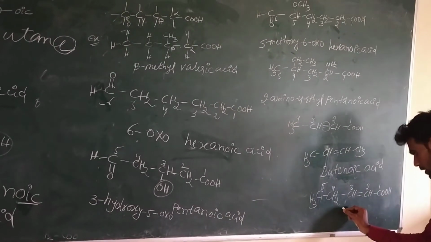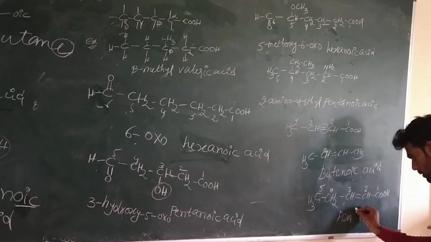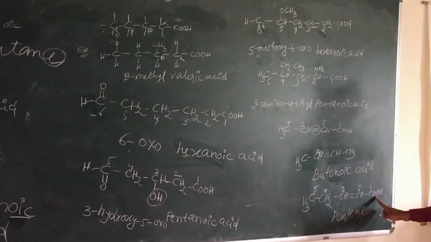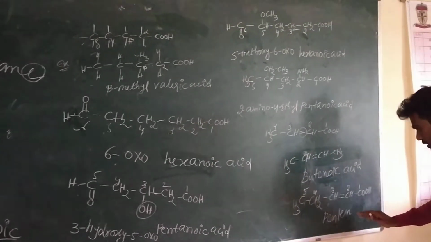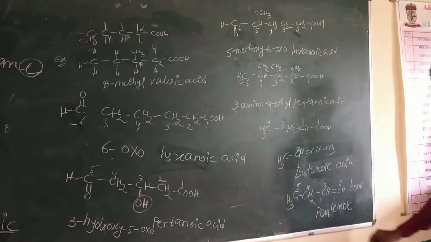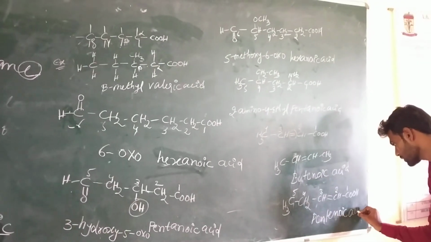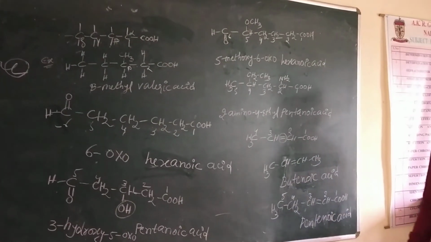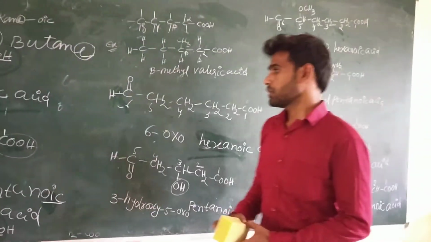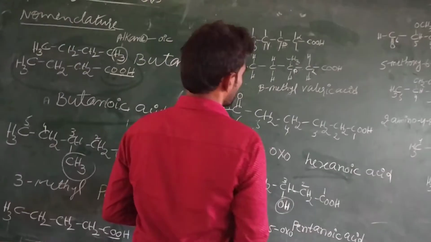So that's why the E of ene is replaced with OIC, pentanoic acid. It is a pentanoic acid. We will see few more examples.